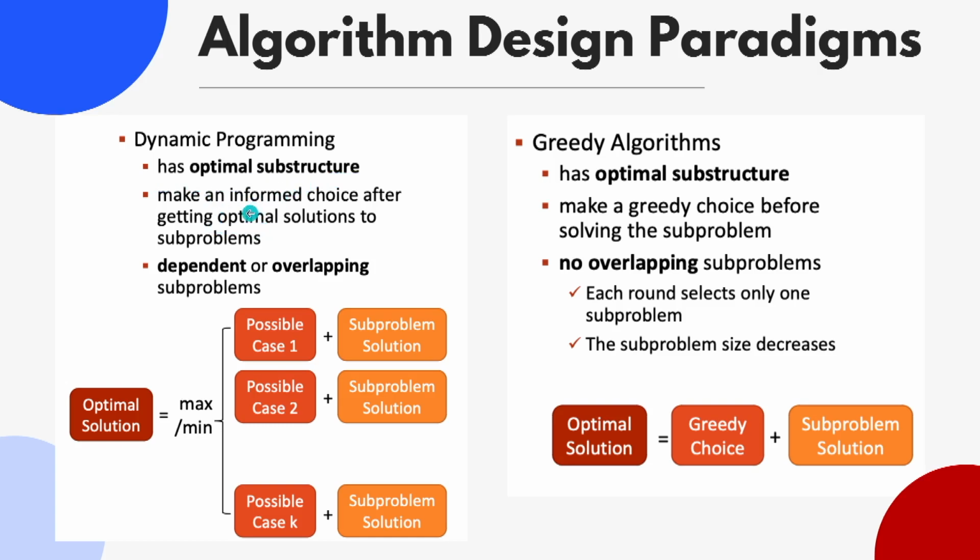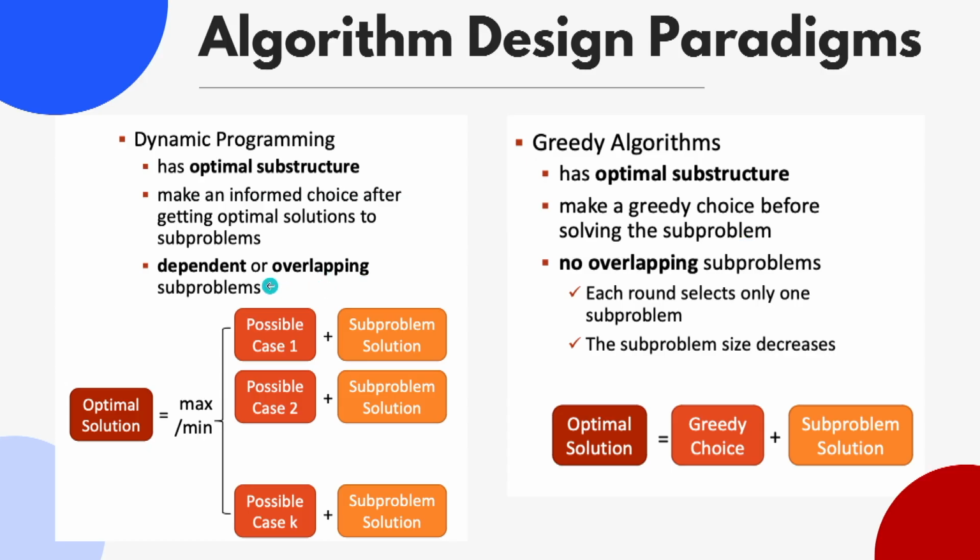And in dynamic programming we can make an informed choice only after getting optimal solutions to all the sub problems, whereas with the greedy approach we will be taking a greedy step or greedy choice before solving the sub problem. So, whatever looks best at that point of time we will be fixing it or choosing it.